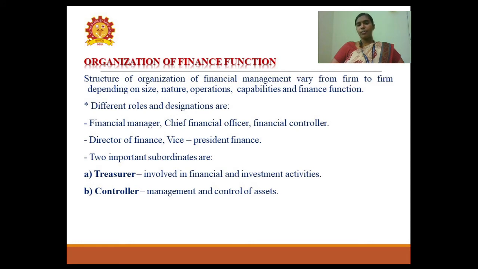Two important subordinates are there. The first one is the treasurer, involved in financial and investment activities. The second one is the controller, management and control of assets. So this is how the organization of the financial function takes place in all organizations.